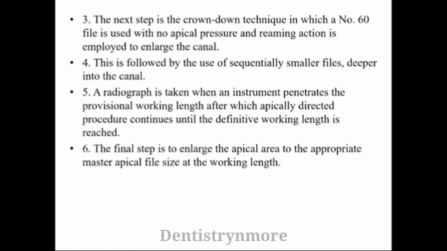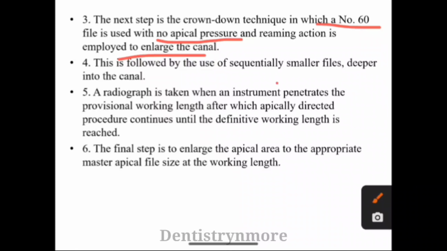Now the next step is using a number 60 file with no apical pressure; this reaming action is employed to enlarge the canal, followed by the use of smaller files deeper into the canal. A radiograph is taken when the instrument penetrates the provisional working length, after which apically directed procedures continue until the definite working length is reached. The final step is used to enlarge the apical area to the appropriate master apical size at the working length.